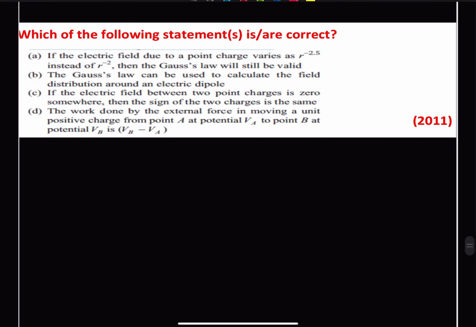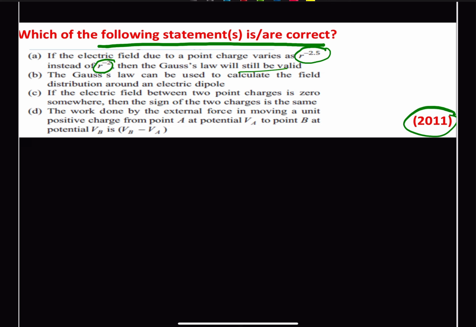It was asked in the year 2011, and it is straightforward. Which of the following statements is or are correct? In the first case, it states that the electric field varies as r raised to power minus 2.5 instead of r raised to power minus 2.